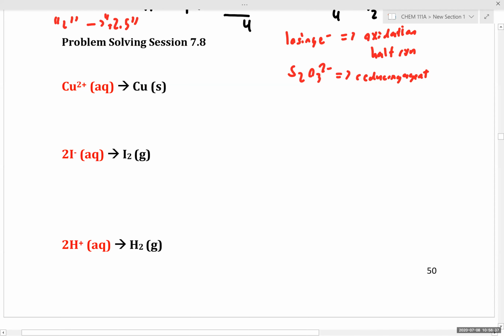The response I see in the chat assigning these reactions as oxidation or reduction reactions, you have them exactly reversed. So remember, oxidation is losing electrons.